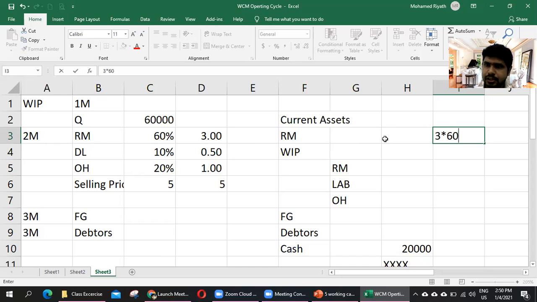Very good. This is 3 into 60,000, annual cost or monthly cost? Annual. Then we have to convert this annual cost into months, so we divide by 12. Now it becomes monthly cost.